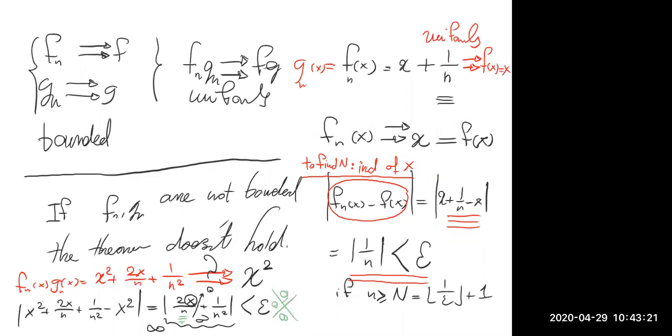That's a contradiction. So we don't have uniform convergence of the product of two sequences if those functions are not bounded. That's a necessary condition for the theorem. A lot of times it would work, but in order to prove the theorem, we need that condition.